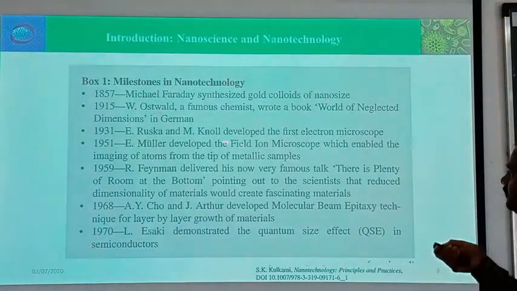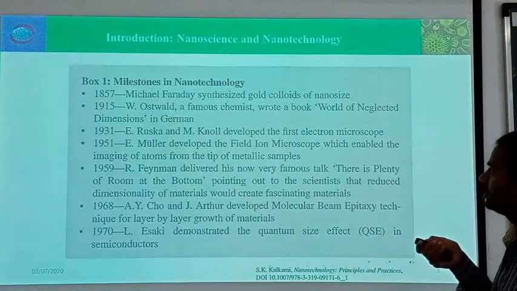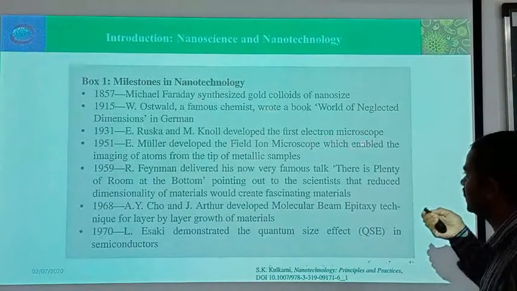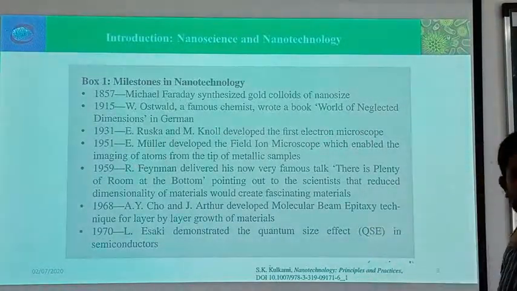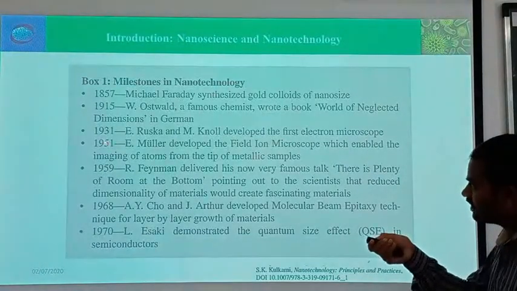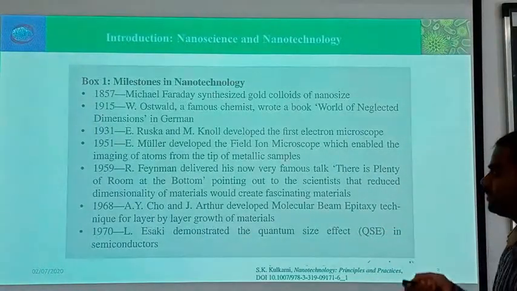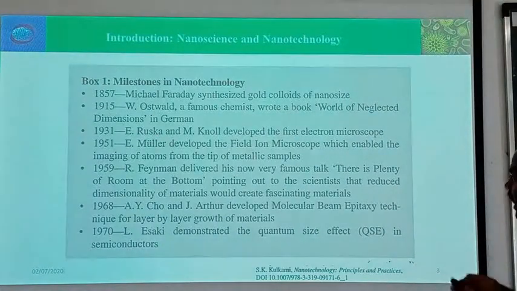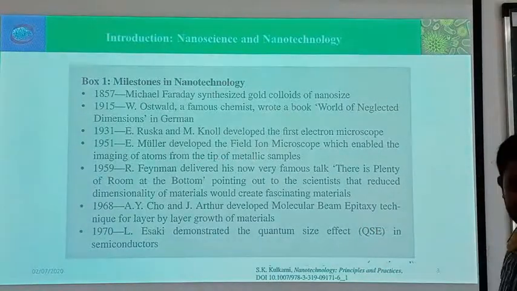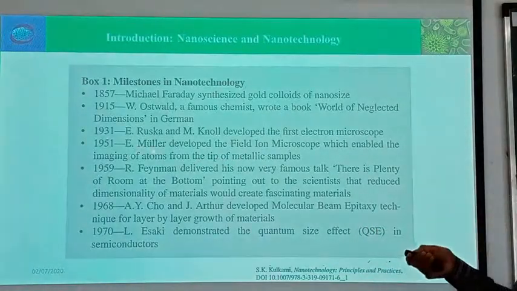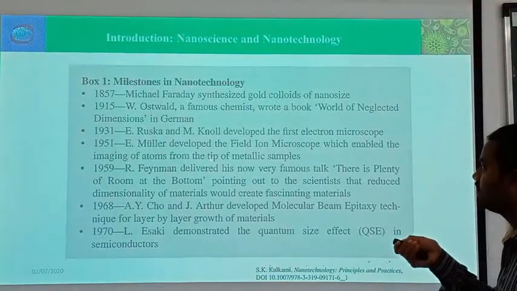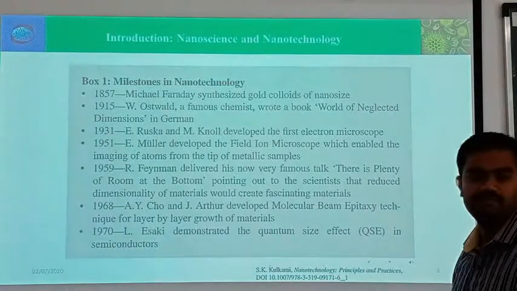Again in 1931, Ruska and Knoll developed the first electron microscope, and they observed nanometric scale objects by using it. And Muller in 1951 developed a field ion microscope which enabled the imaging of atoms from the tip of metallic samples. This was the first invention; you can imagine imaging atoms from the tip of metallic samples in 1951.